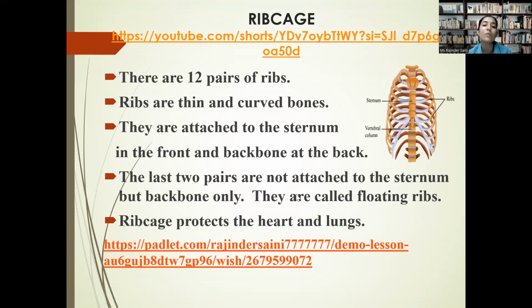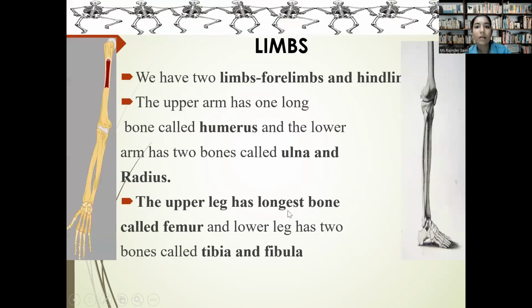Why? Because they're just floating. They are not attached in the front to the sternum, the center part, but only to the backbone. That's why they're called floating ribs. They are thin and curved bones which protect the heart and the lungs.